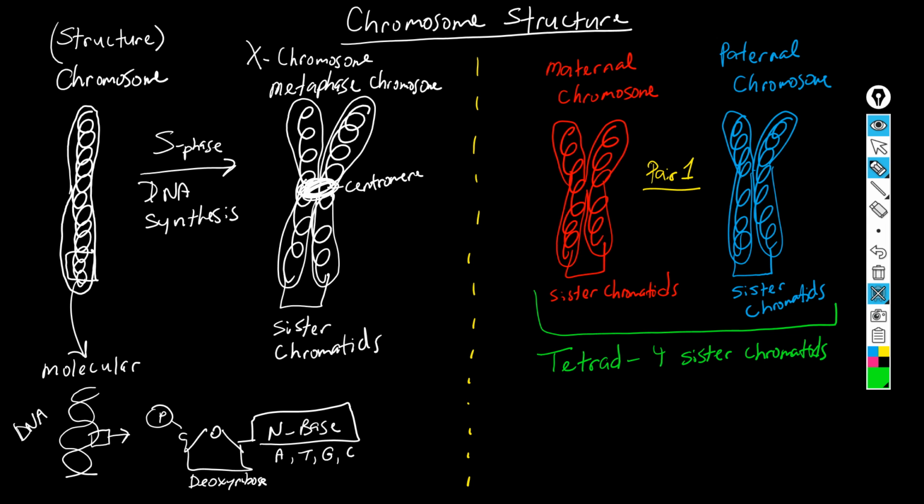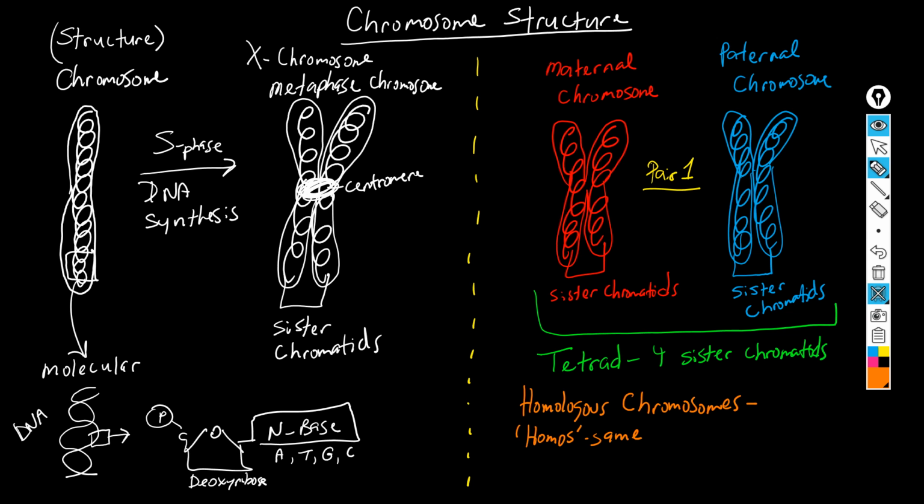Now, not only is this called a tetrad, but this is also referred to as homologous chromosomes. And here's where I want to spend just a minute explaining what this means. Homologous comes from the root word homos, which means the same.